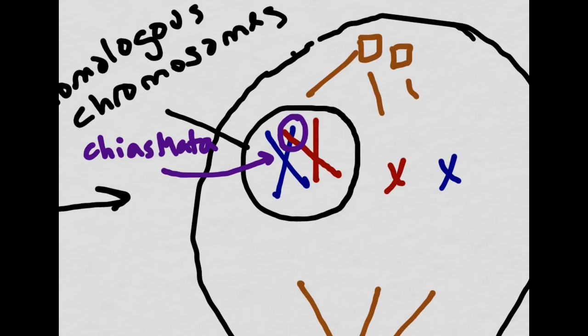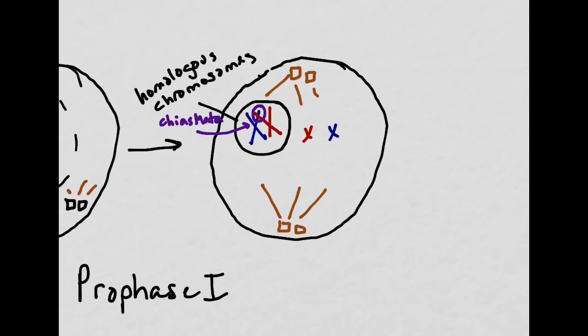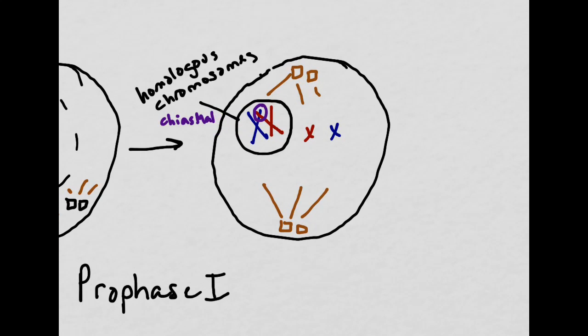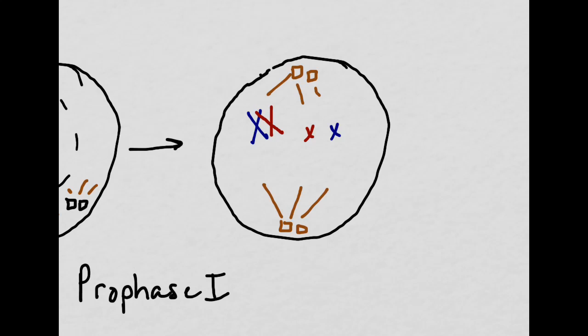Okay, let's zoom this down now. I'm going to undo those just so it keeps it neat. And I'll draw it out. All right, so here's our crossing over occurring between our homologous chromosomes. Good. So what's going to happen in the next picture is we'll see that a little bit of the red chromosome will be on the blue chromosome and a little bit of blue chromosome on the red chromosome.